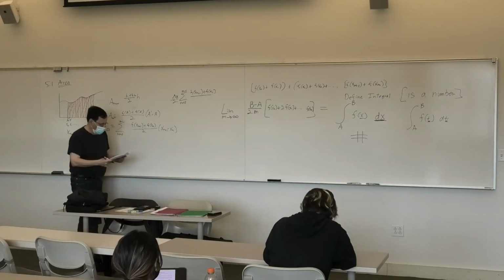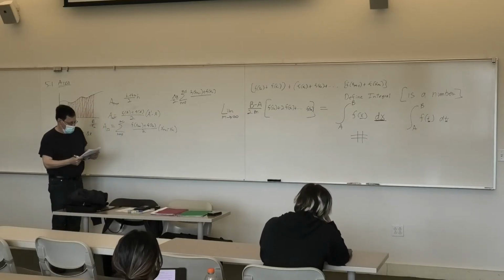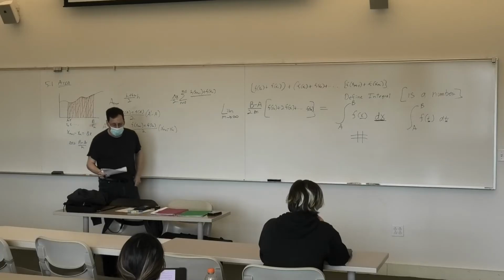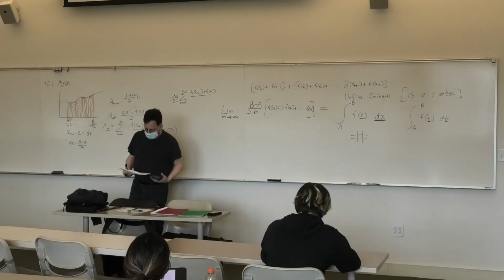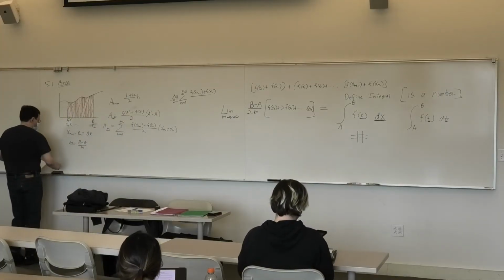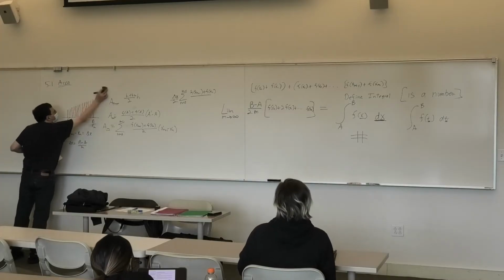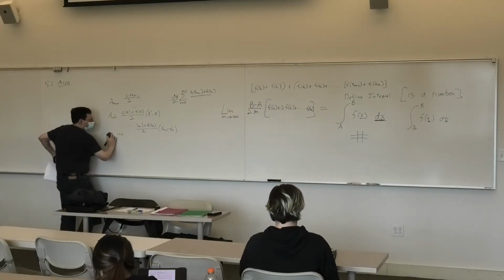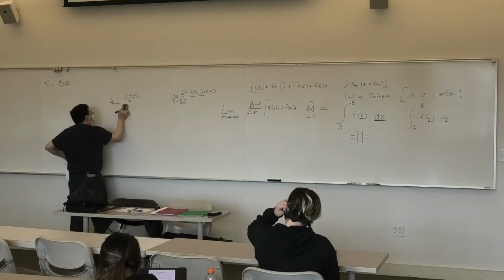Okay, so if you happen to have a calculator here, you might want to follow along. If you don't have one and you don't mind being too close to your neighbor who does, you can look over their shoulder.